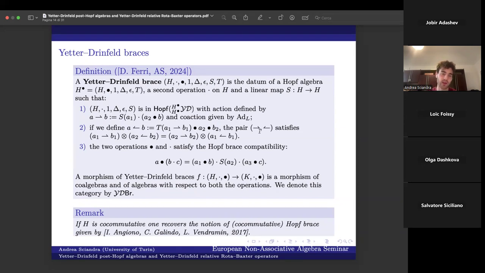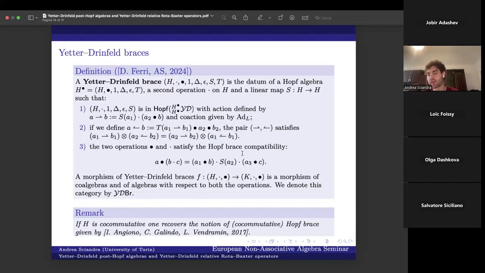If we define a right harpoon similarly as before in this way, again, this pair here has to satisfy this condition here. And finally, the two operations, bullet and dot, satisfy the famous brace compatibility condition, which is a compatibility between bullet and dot, involving the antipode of this algebra here.